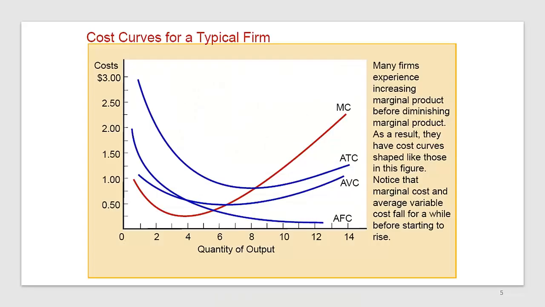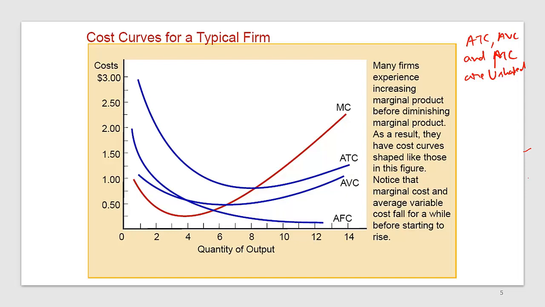So what we learned till now is that cost functions do behave in a particular way. First, let's start with the average total cost. Average total cost, average variable cost, and marginal cost are U-shaped. That means they first decrease and then increase.